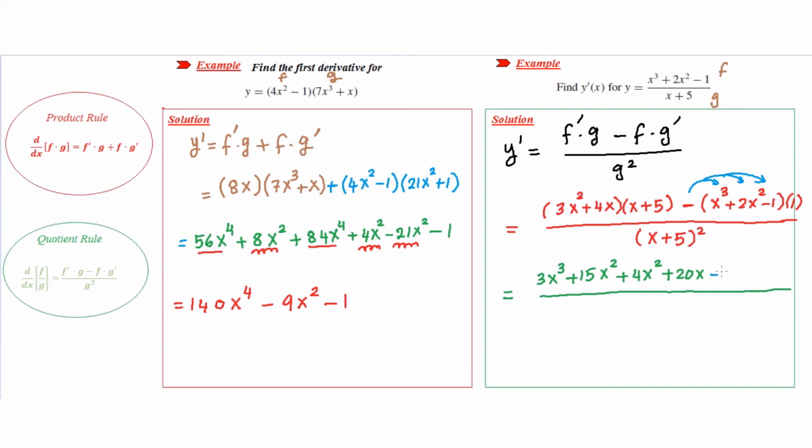So we have negative x to the power 3 minus 2x squared plus 1, divided by x plus 5 all squared. Now with the same procedure, you have to group the similar terms. In the numerator, we have 3x cubed similar to negative x cubed.